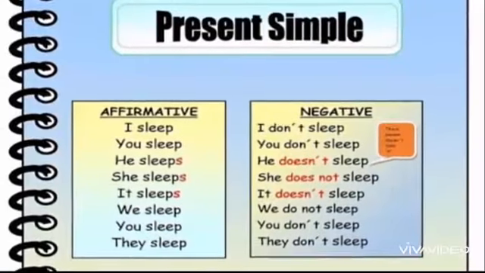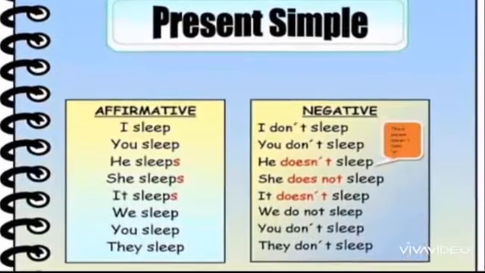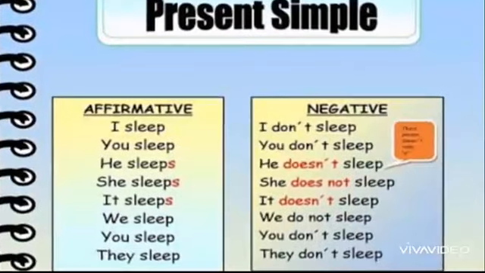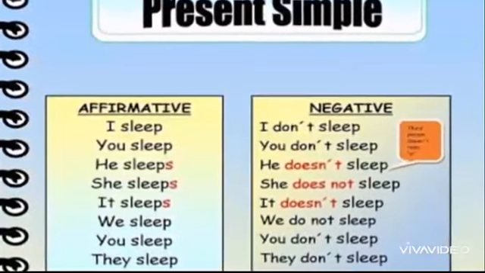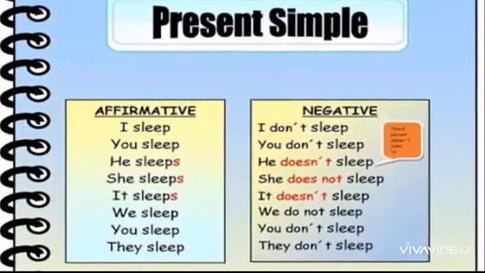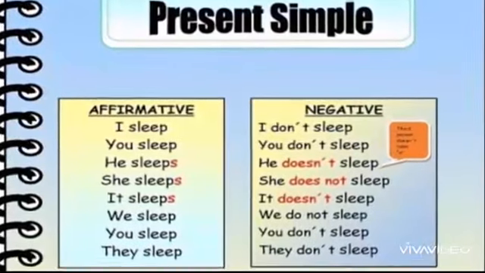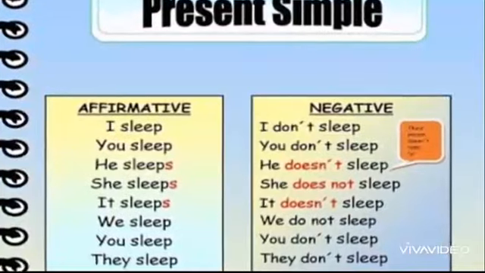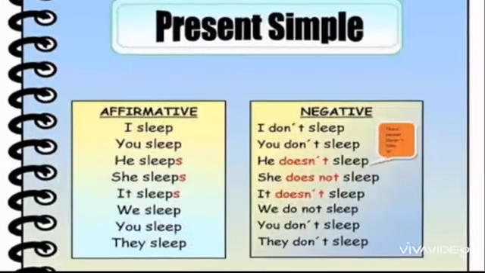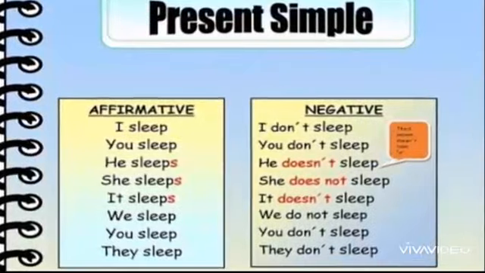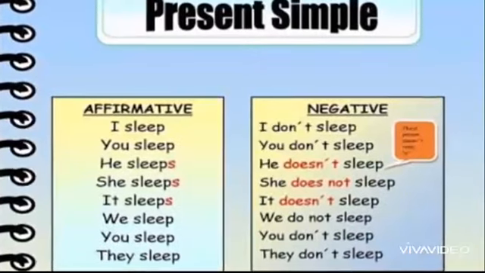And the verb without s with I, we, you for singular and plural and they. Simply إن الفعل بنضيف له s مع الضمائر he, she, it، وبدون s مع I, we, you للمفرد والجمع and they. Now the negative form.